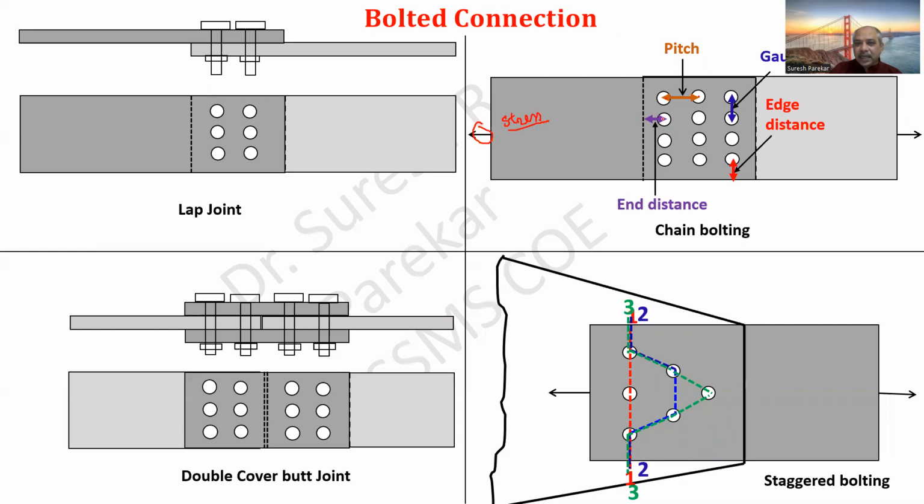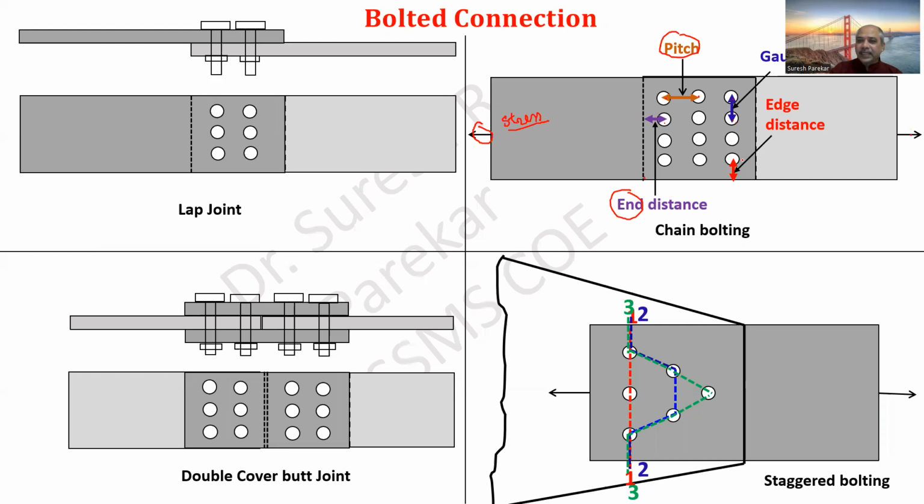What is end distance? This is again the distance between the end bolt to the end of the plate, that we are going to say end distance. Again it is in the direction of stress. So pitch and end distance are along the same direction, and gauge distance is again perpendicular, center to center distance between two bolts, but perpendicular to the direction of stress.